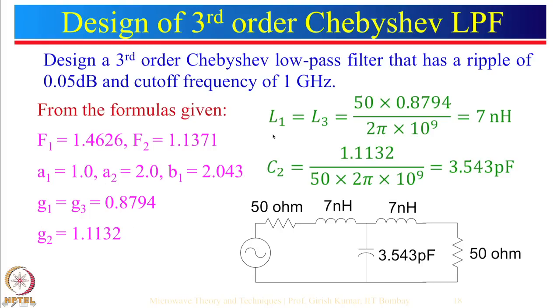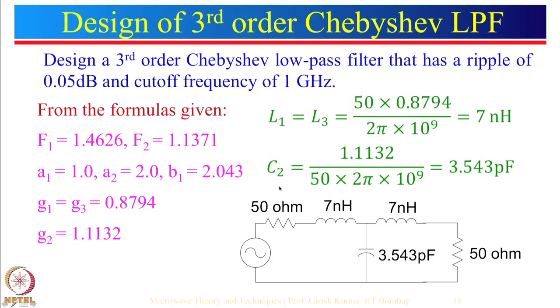For inductor L1 equal to L3, which corresponds to G1 equal to G3, the value is 0.8794. To find the value of the inductor, we multiply with the impedance, which is 50 ohm here, and divide by the frequency, which is 2 pi into 1 gigahertz. This comes out to be 7 nano Henry.